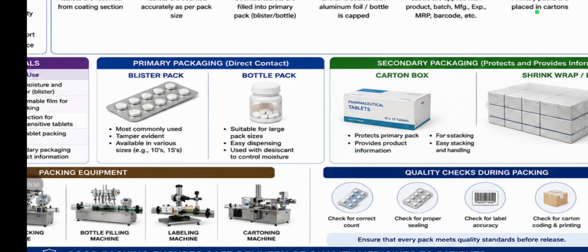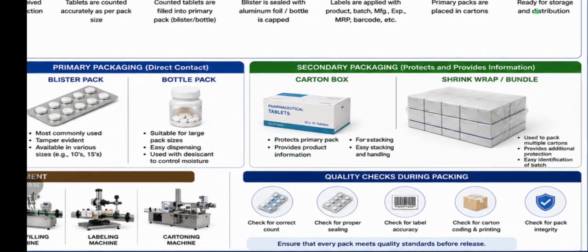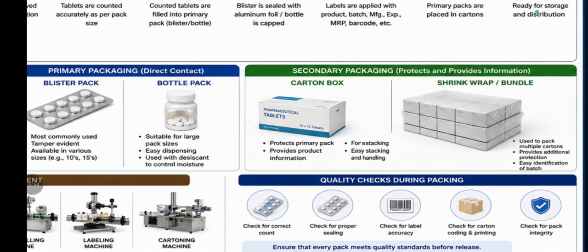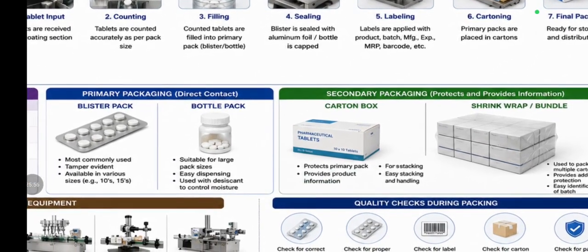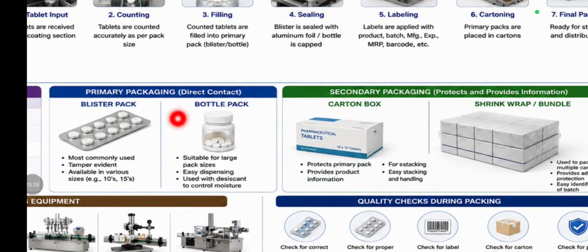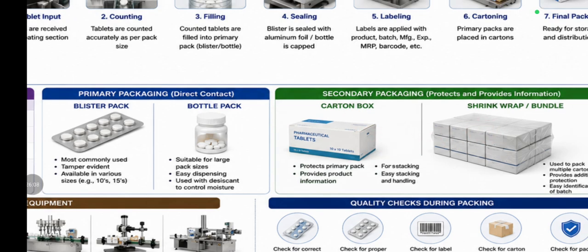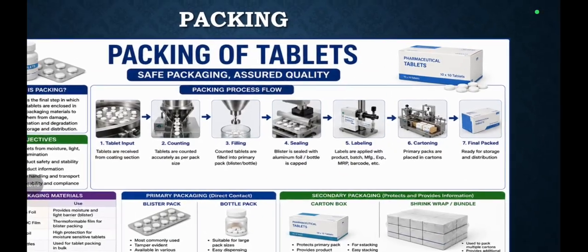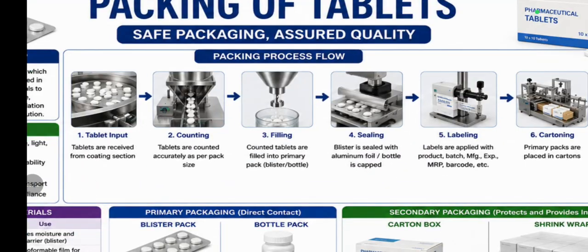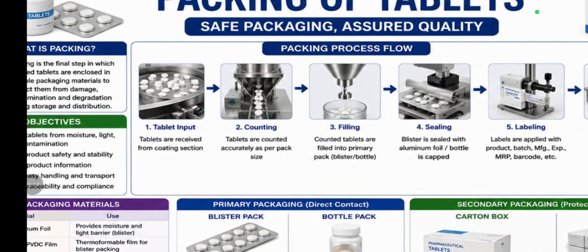After that, cartons are secondary packaging. As I already said, two types of packaging are there, primary and secondary. Primary packaging uses blister packs and HDPE bottles, and secondary packaging uses carton boxes, shrink wrap, bundles, etc.